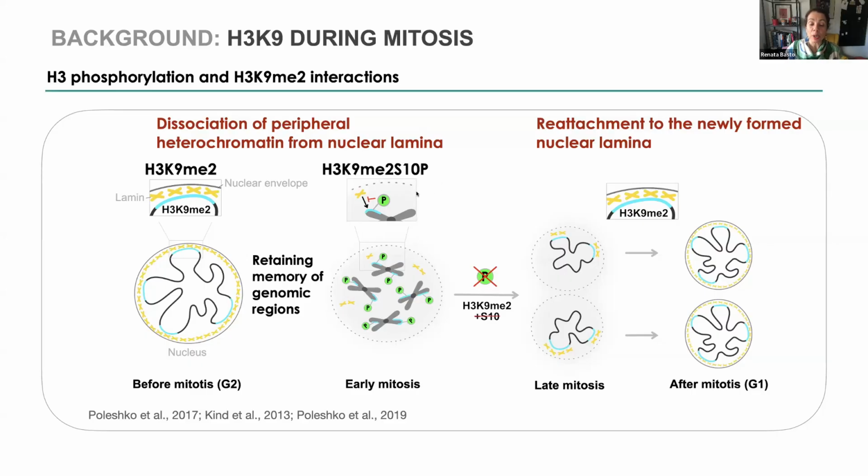Its phosphorylation will allow the dissociation between chromatin and lamins, and upon dephosphorylation of this residue, the chromatin and lamin interaction can now occur.